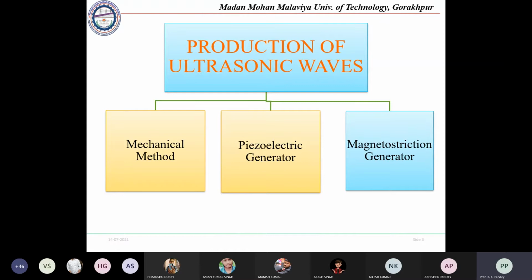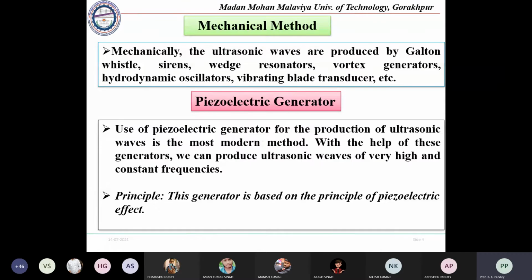And there is the magnetostriction generator, in which the magnetostriction effect is used to produce ultrasonic waves. Let us see in detail, one by one, how they can be produced. First we will see the mechanical method.